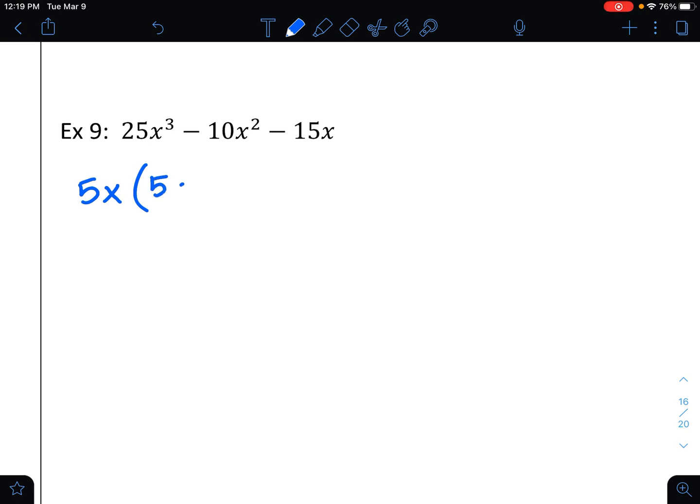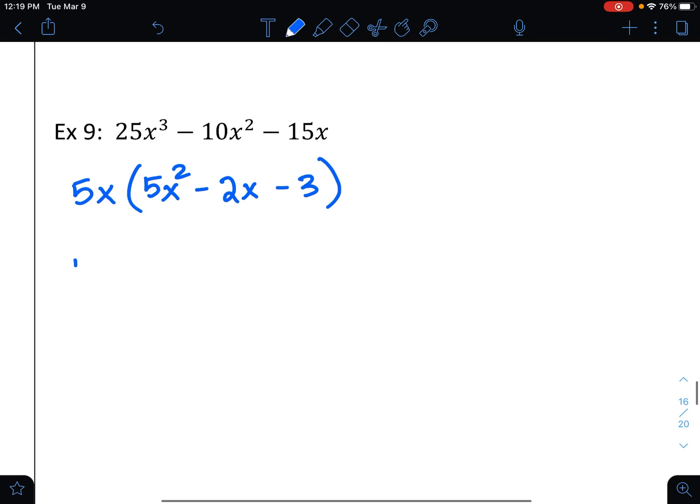So that's going to leave me with 5x squared, minus 2x, and then minus 3. So the only difference here is what my GCF looks like. So I want you to pause the video, finish this problem out, and then come back and check your answer with me.